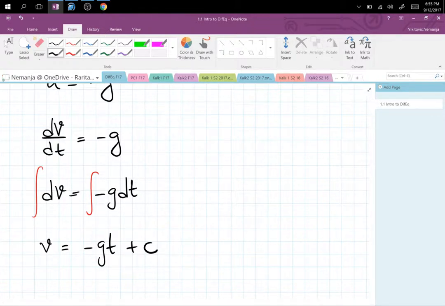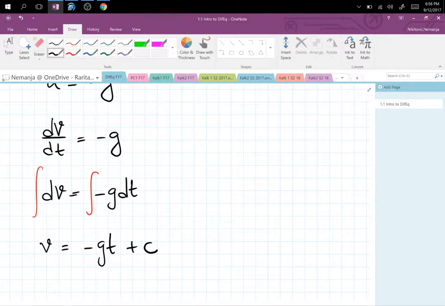Now, remember the beginning of time, right? When t is equal to 0, this term dies. So what is c? It's initial velocity. This is the type of dimensional analysis that you have. It has to be common sense to you. If t is 0, it's going to be a big bang for this.